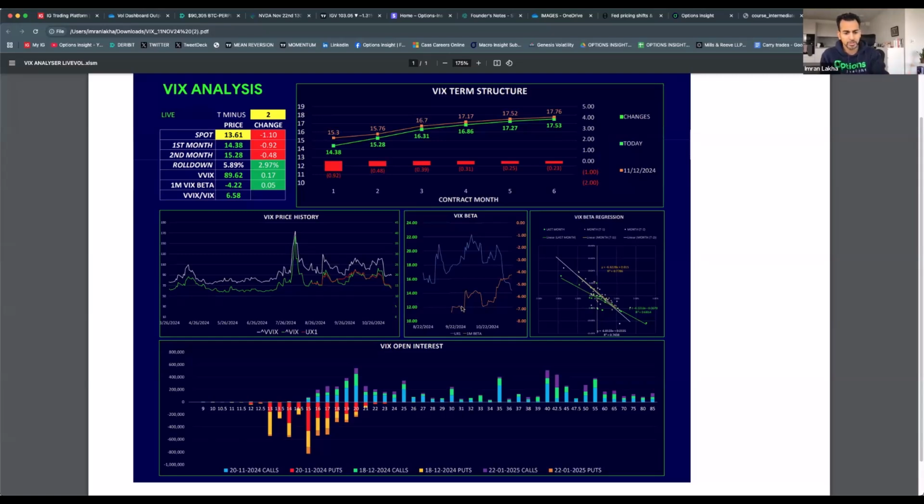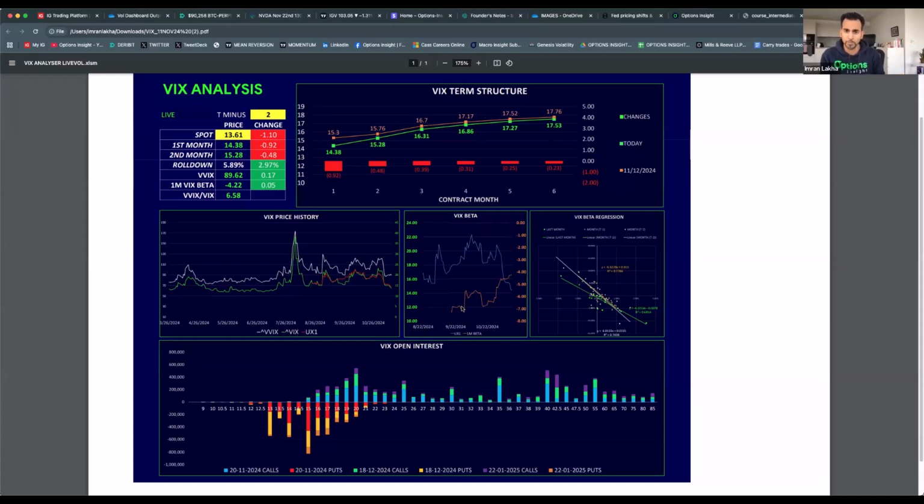The VIX beta is telling us the sensitivity of the VIX futures, by the way. There's not a lot of point in us measuring the VIX beta of the VIX spot because we can't trade that anyway. So we track the VIX beta of VIX front month futures to the S&P. And if you think about it, what does the VIX itself represent?